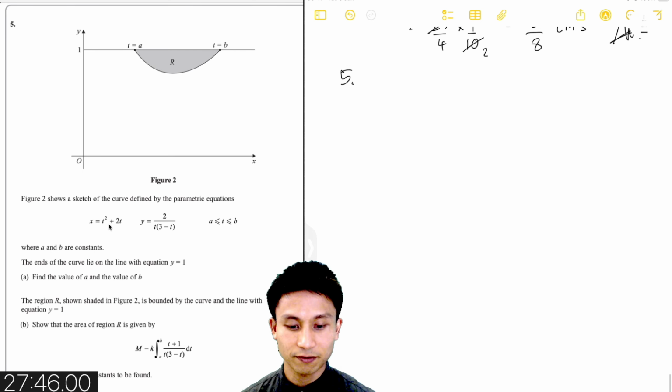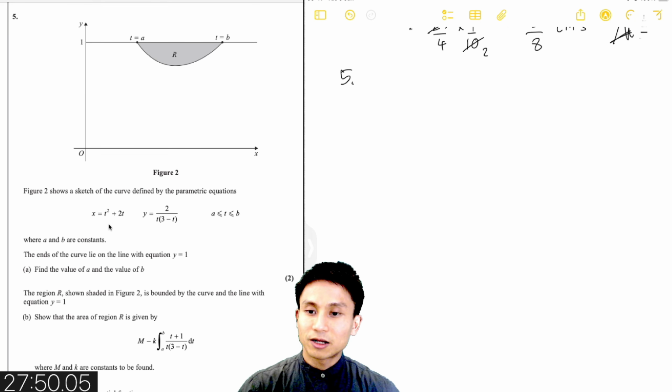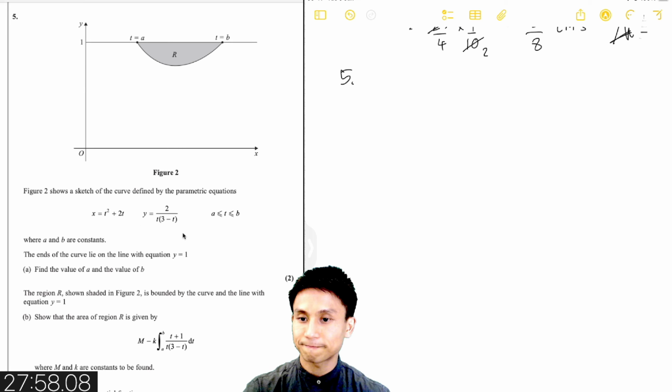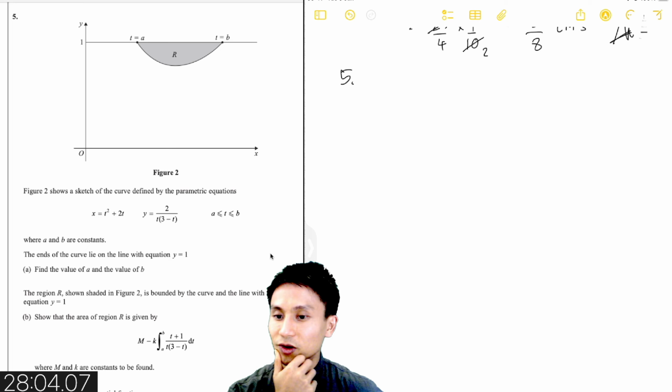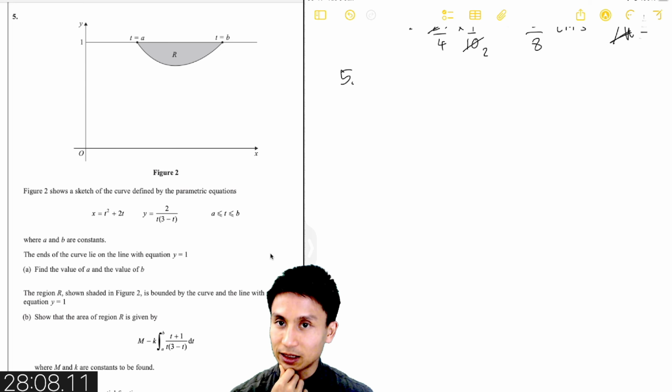Okay, number 5. Figure 2 shows a sketch of a curve defined by the parametric equation, which seems to have a cutout on top here, where a and b are constants. The ends of the curve lie on the line with equation y equals 1. Find the value of a and b.